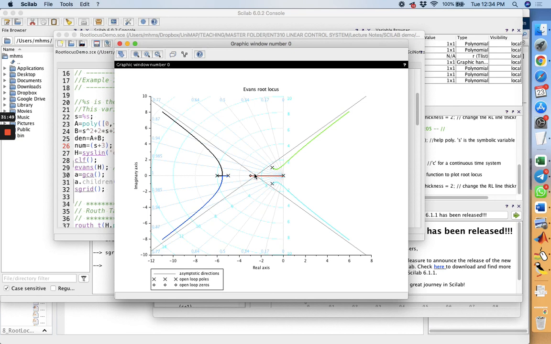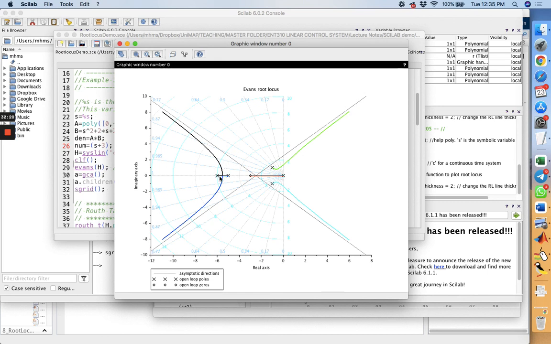So what is the importance of these asymptotes? When we draw the root locus, the root locus must not cross the asymptote. So the asymptote is like a boundary of the root locus. You can see here, the root locus goes from here and then goes upwards, and it travels along the asymptotes but never crosses them.